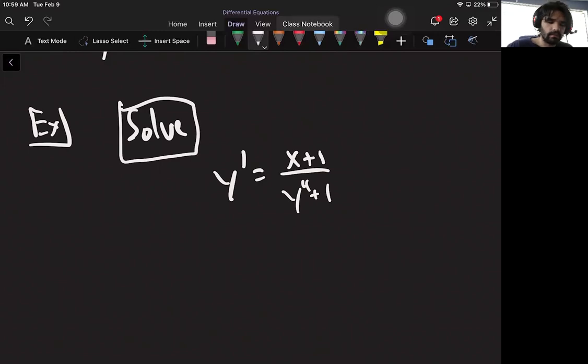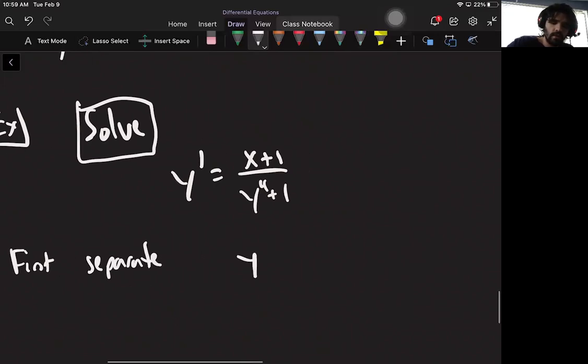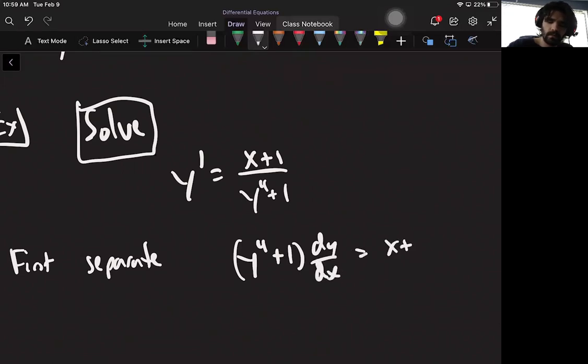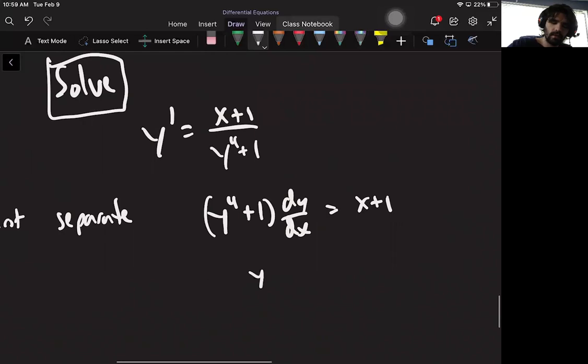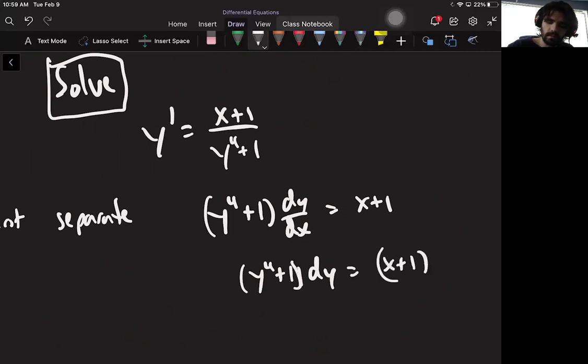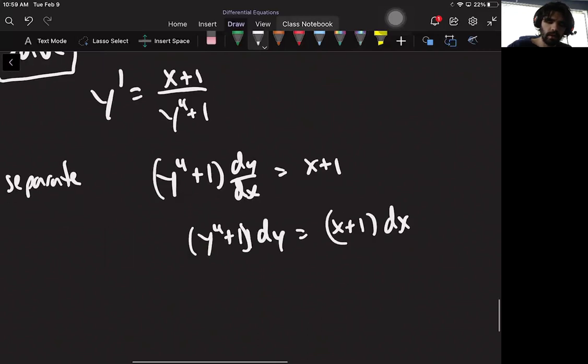Okay, so first we're going to separate because I'm only giving you separable ones. So all I have to do is multiply that denominator over, write the y prime as dy dx, and then I can view my dx on the denominator as a variable, so then I can multiply it over. And then I just have to integrate both sides, and I have to remember my integral rules.